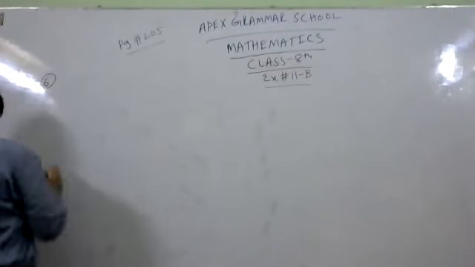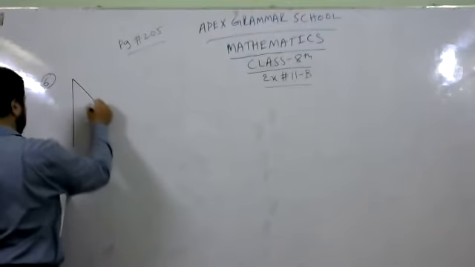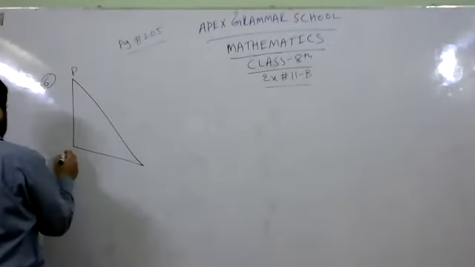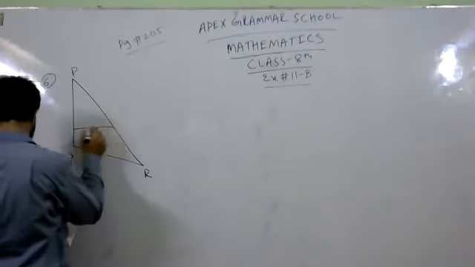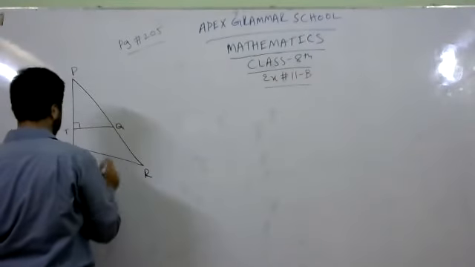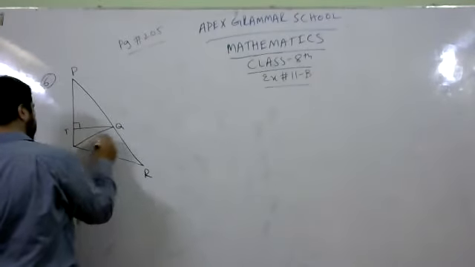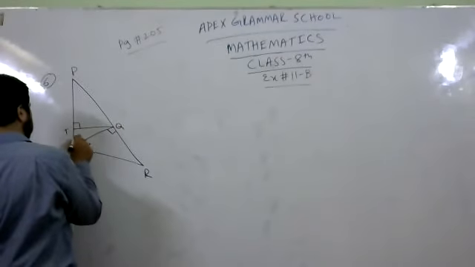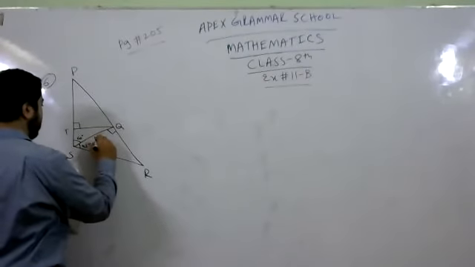Question number 6 is P S R, this is P, this is Q, this is also 90 degree, 45 degree, and this is 60 degree, and this side is 25 centimeter.